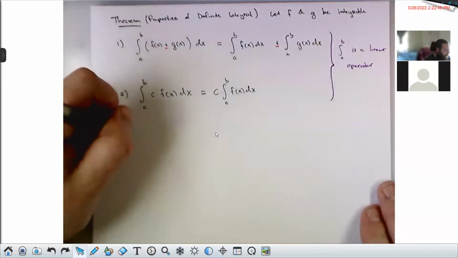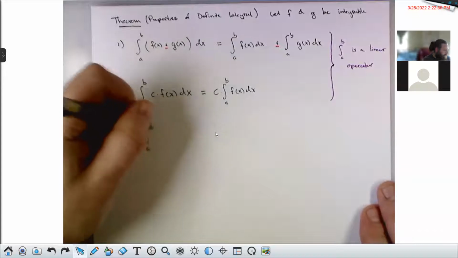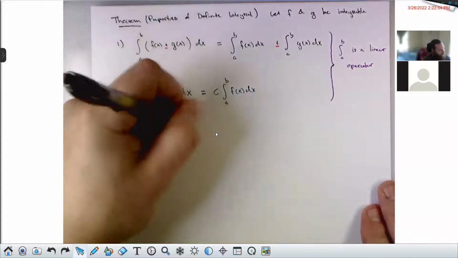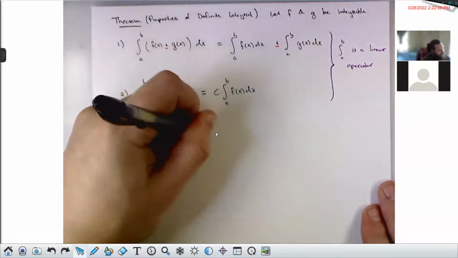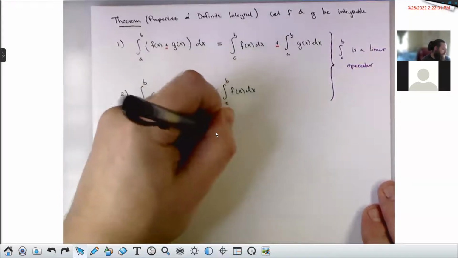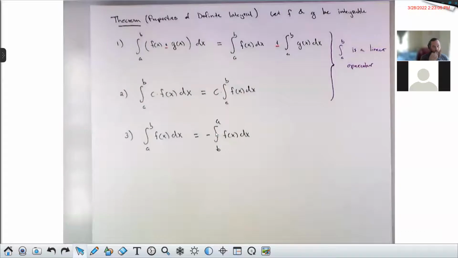There are other properties though. One useful one is that the integral from a to b of f of x dx is the same as the negative of the integral from b to a of f of x dx. This really comes from the definition of delta x in the Rn expression.